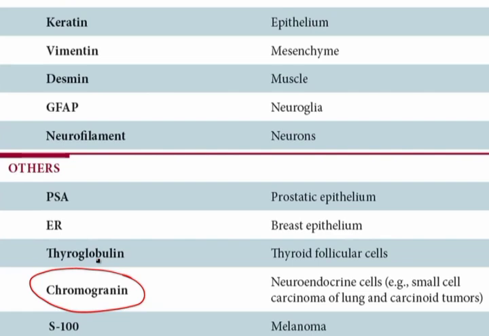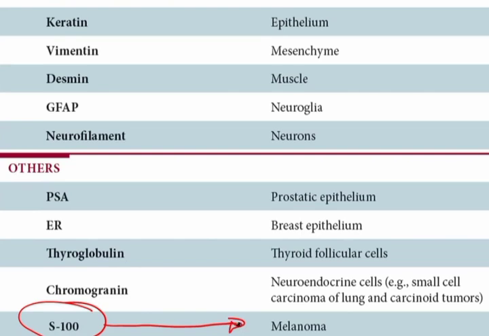So this is a spectrum of tumors that arise from neuroendocrine cells. It is important to understand that both small cell carcinoma and carcinoid tumors are derived from the same cell type, i.e. neuroendocrine cells, and it is very high yield to know that chromogranin is expressed in neuroendocrine cells. And then finally, the last of the stains I've listed here is S100, and S100 is useful for many things, but it's particularly useful to mark melanoma.